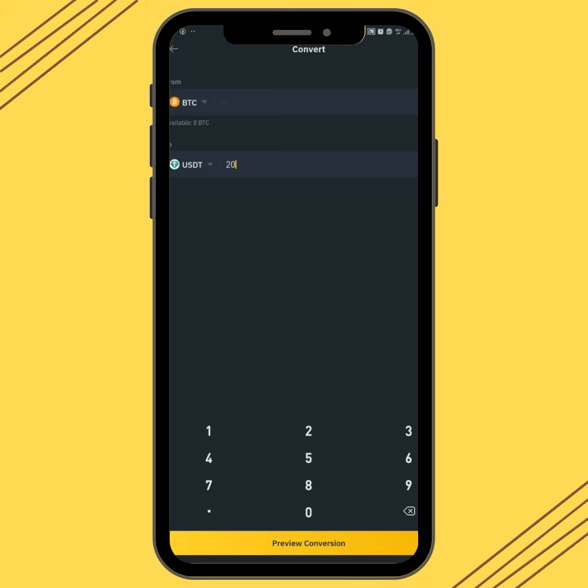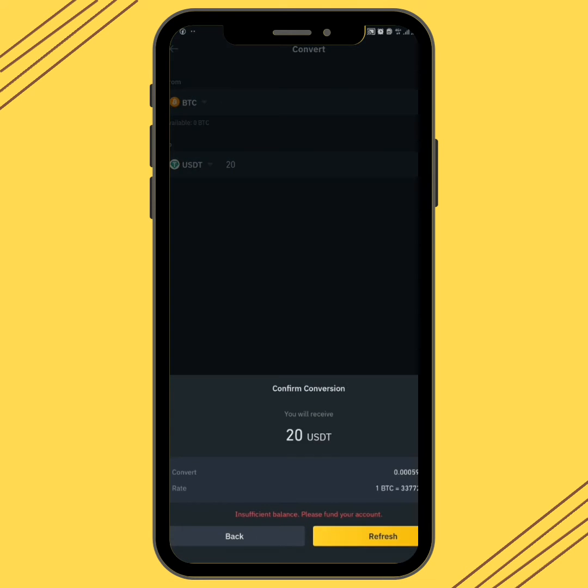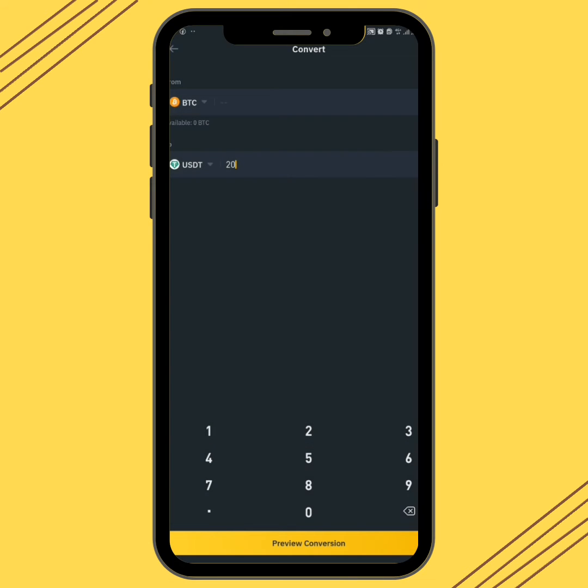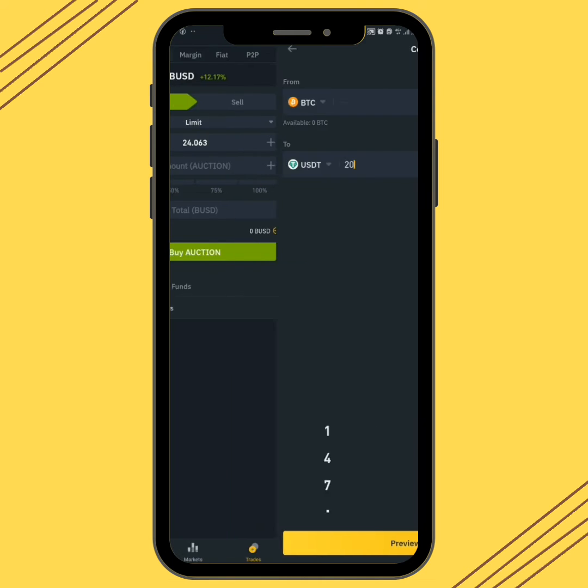So imagine you want 20 USDT, you put that, you preview conversion, and it will tell you that 20 USDT is costing you 0.0005919 BTC. It's showing insufficient balance because I don't have BTC there. So 1 BTC is equal to 33,700 USDT. So that is for convert.